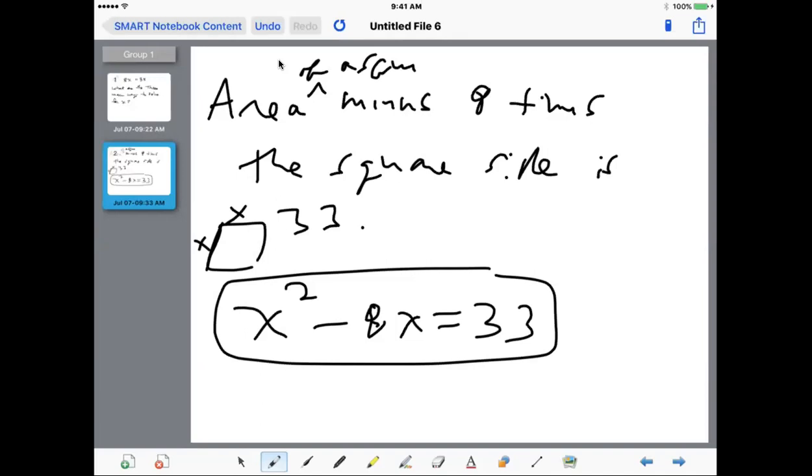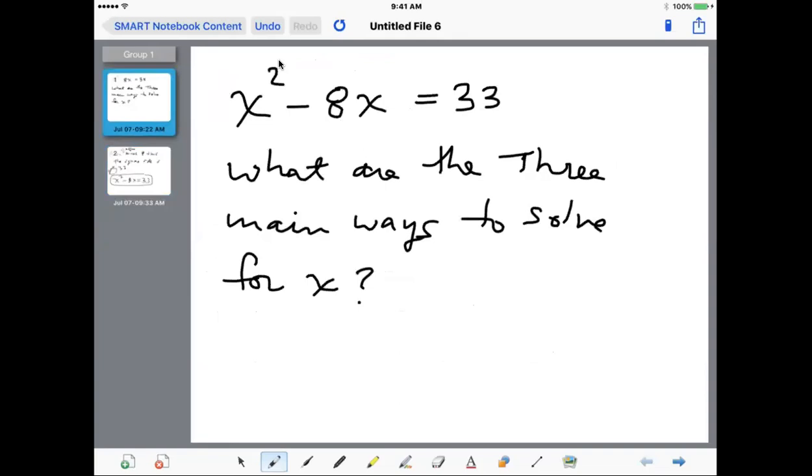Now, what are the three main ways to solve this equation, x squared minus 8x equals 33? You could type them into the chat. What are the ways that, if you had to solve this question, what three ways could you use?